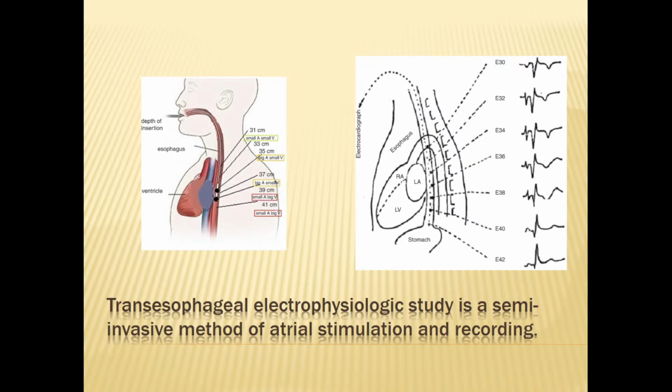Then the amplitude increases, then the electrode usually moves deeper to the stomach and farther from the left atrium. That's why the amplitude of the P wave decreased and became nearly the same as the surface ECG.